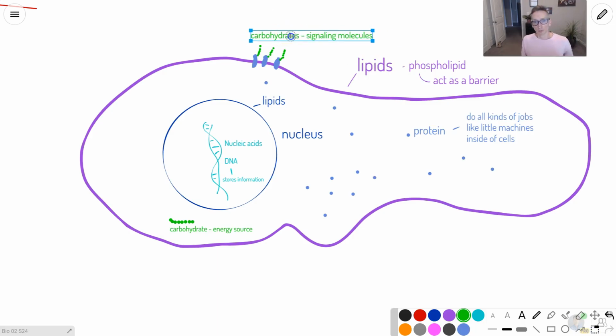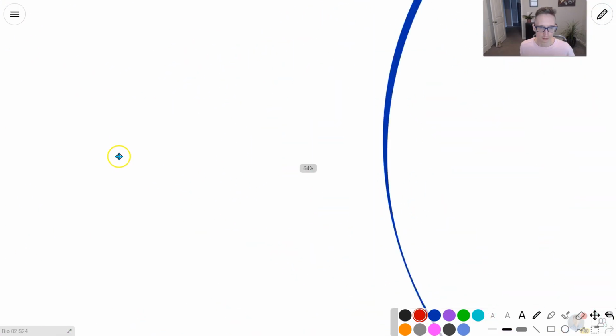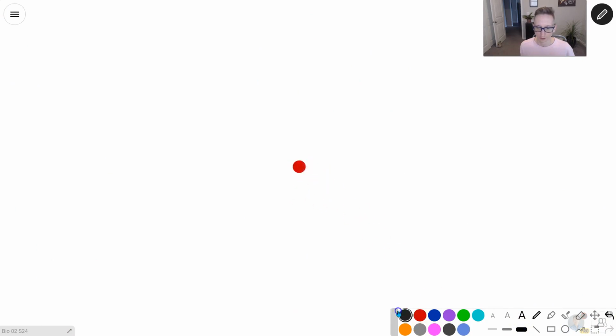All right, so we went through all four of our molecules: lipids, proteins, nucleic acids, and carbohydrates. Those are our macromolecules, right? Then if we zoom way in here, into this entire cell, let's not forget it's also full of water.